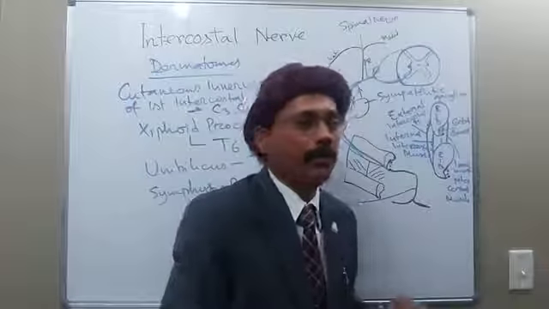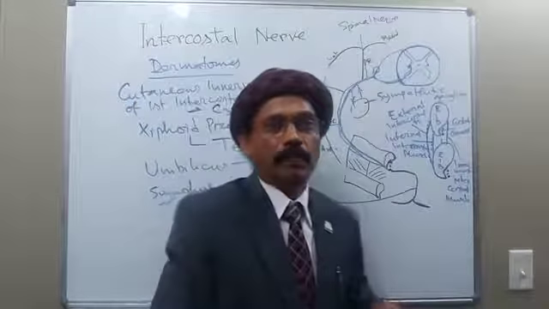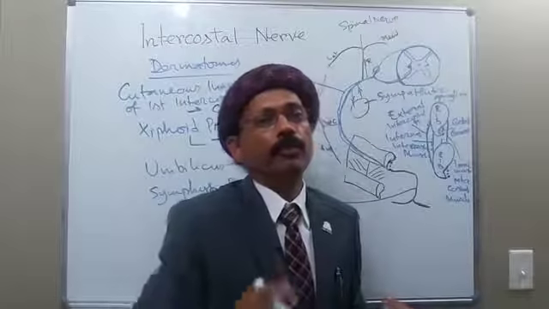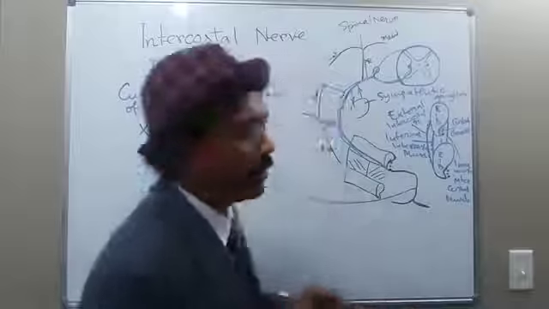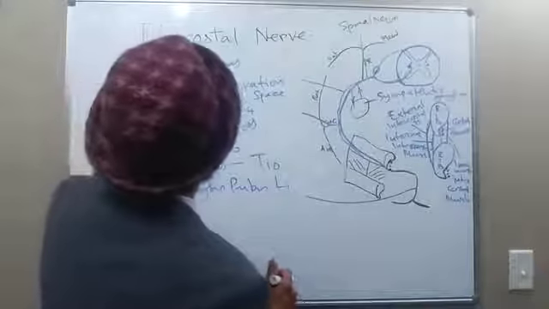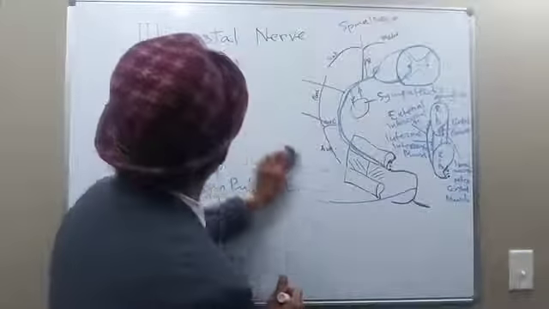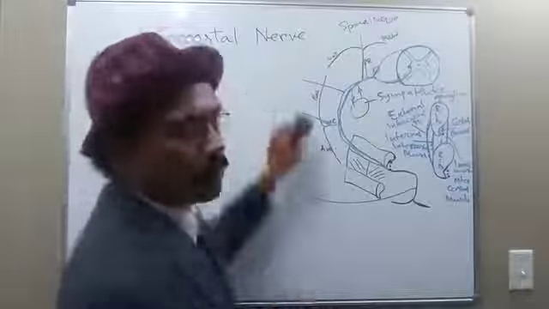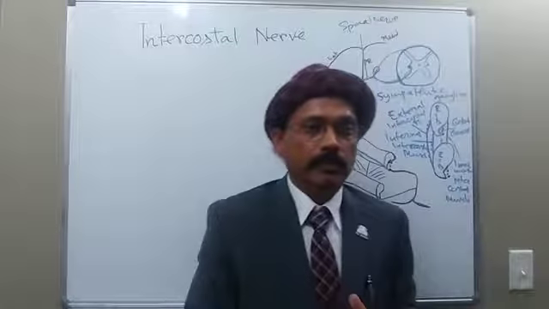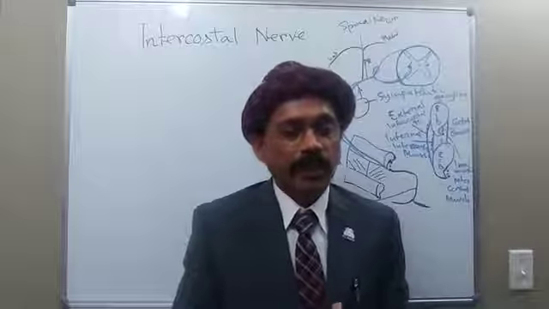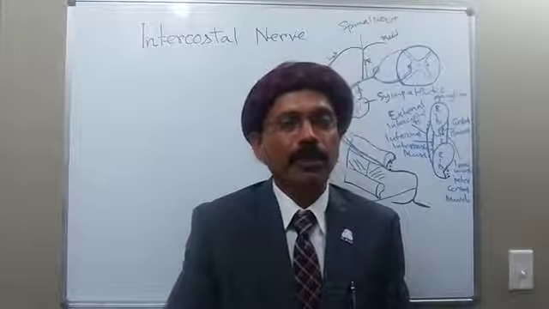So the first intercostal nerve has no cutaneous innervation to the first intercostal space. Okay, we got that. That is important to us. Dermatome is very important to us. And that's all about the intercostal nerve.